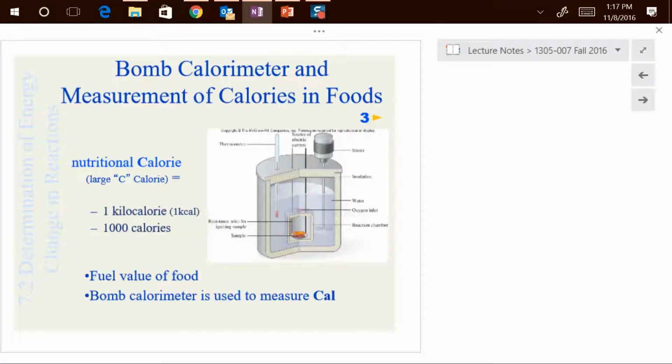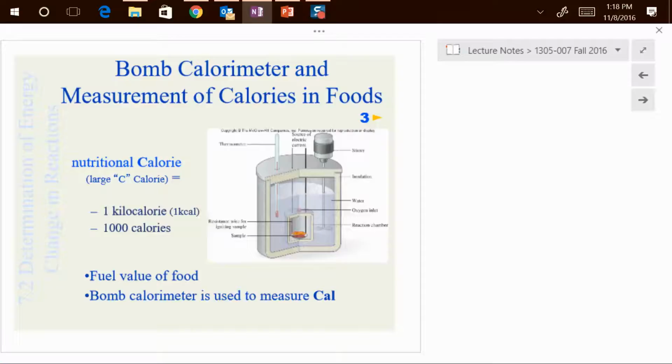And the water is going to change temperature. Okay? So they can measure how much energy is in that sample of food because of how much energy is transferred to the water when they burn it. So this is how they would measure the fuel value of food. Okay?